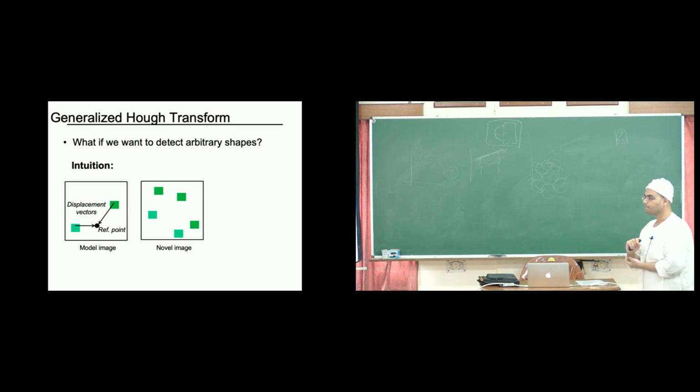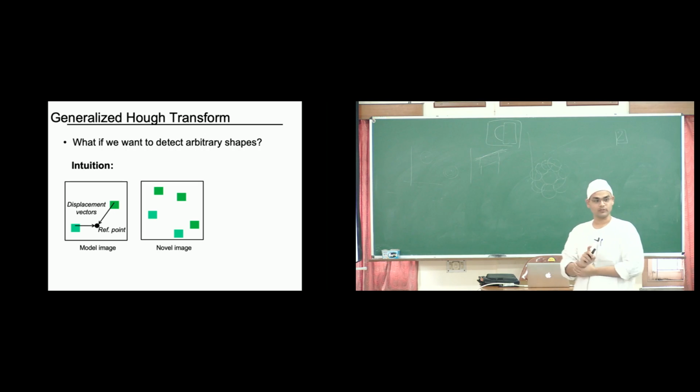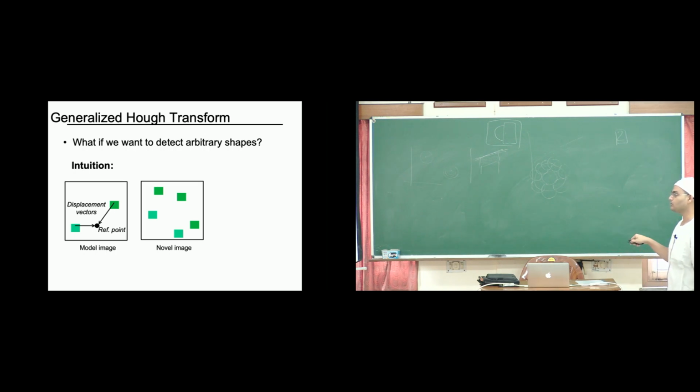Right. And again do the voting, see how the voting is done. So, you found out, oh, my reference point is here. If I get any point like this, all you are going to do is draw a vector like that. If you get any shape like that, you are going to draw a vector like that and see where they intersect. So, let us do that.